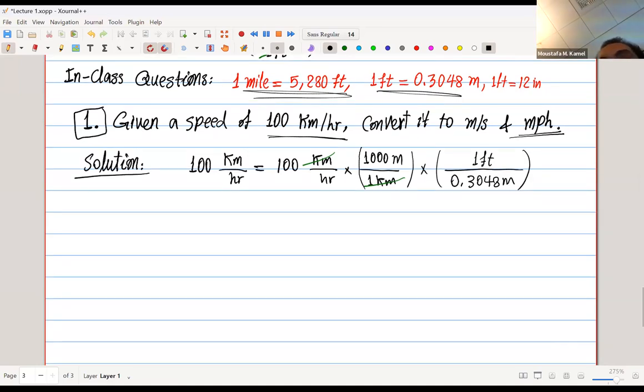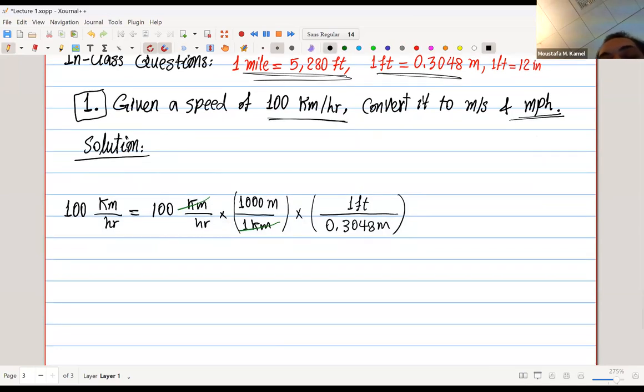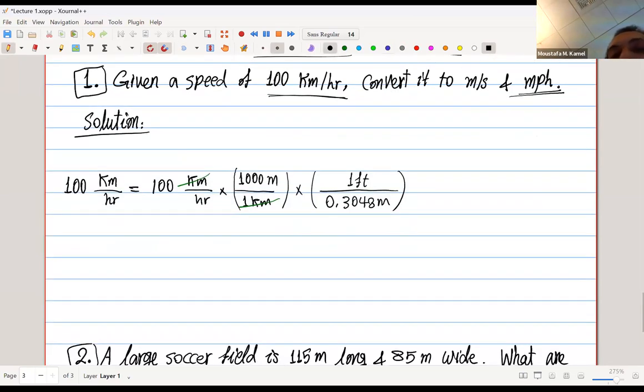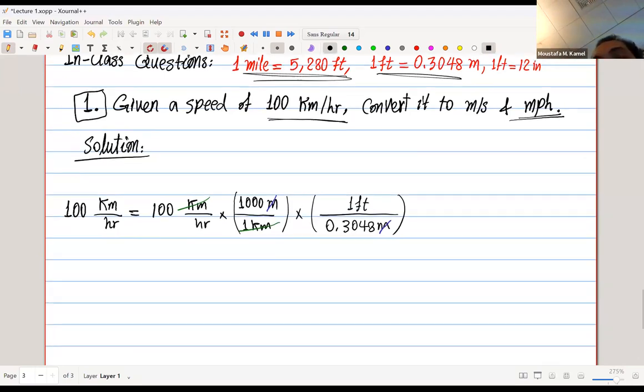Okay. I need more space. So again, the unit will cancel, meter with meter, and I will be left with feet per hour. And then from feet to miles through this relation up above.